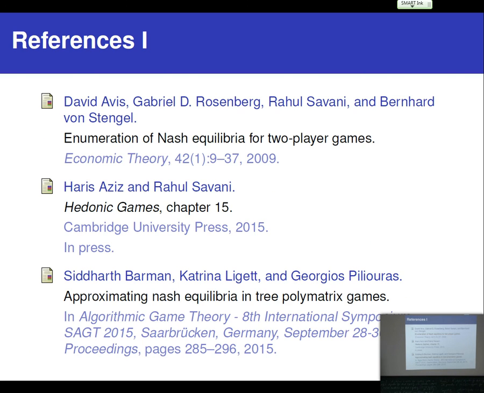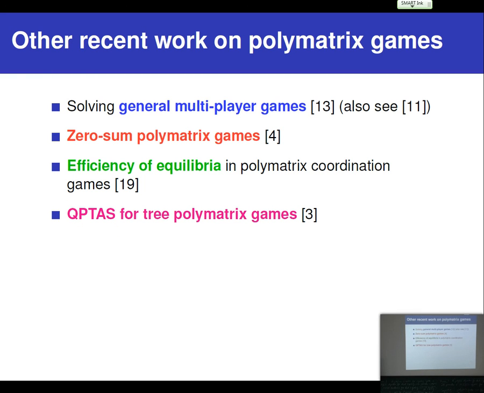And final slide then. There's some interesting work on solving general multiplayer games using polymatrix games in an iterative way, to iteratively improve your approximation of the equilibria. There's some very nice work on zero-sum polymatrix games by Daskalakis, Papadimitriou, Yang Cai, and one other co-author.